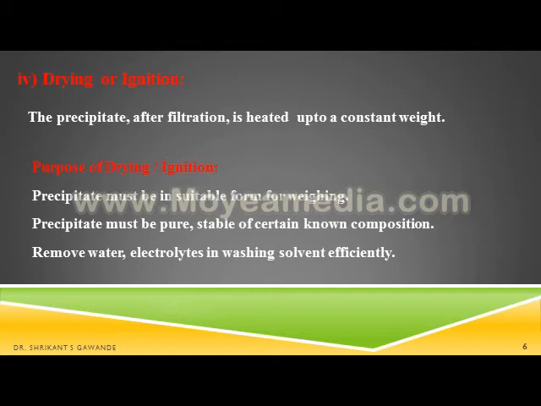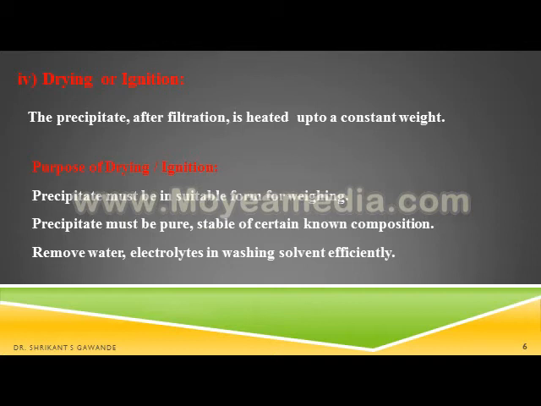The precipitate after filtration is heated up to a constant weight to convert the precipitate into a suitable form for weighing, that is, a pure, stable precipitate of certain known composition.